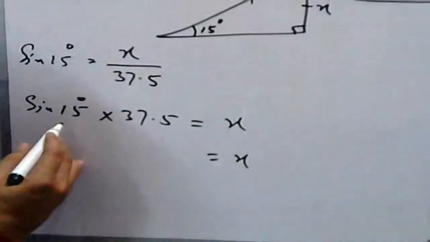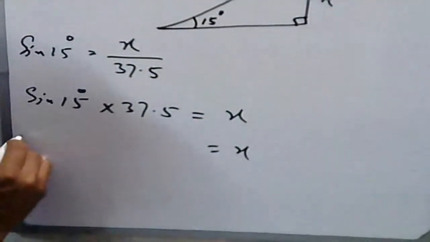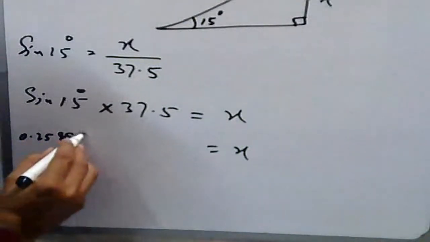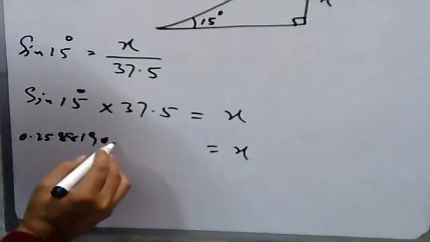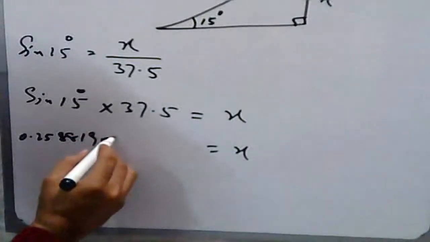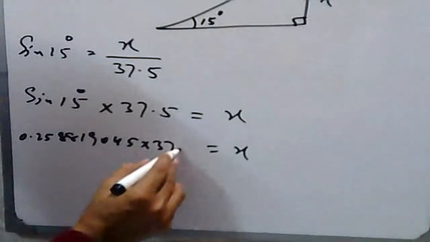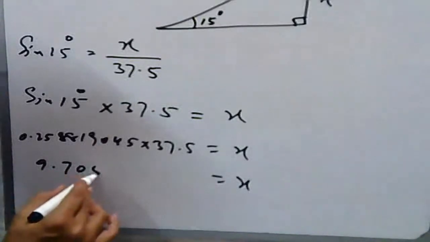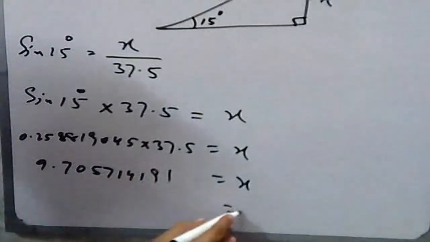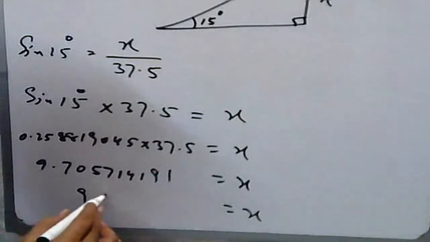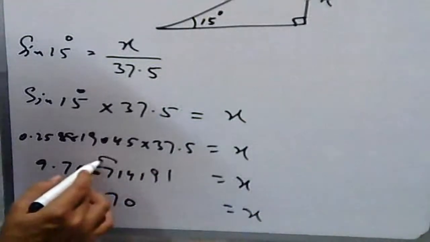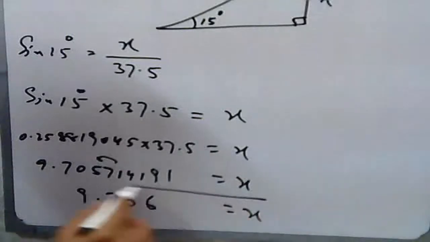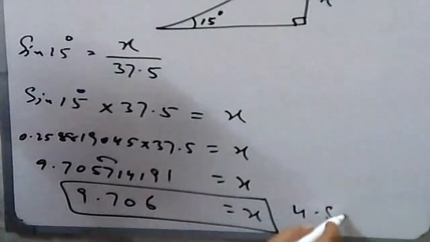The value of sine 15 is very lengthy because your calculator gives the complete value, so we can write it up to a reasonable extent, multiplied by 37.5. So the value of x is 9.7057141191, but we need up to 4 SF, so 9.70, so you add here 1, so it becomes 6. So your result up to 4 SF, that is 4 significant figures, is your required result.